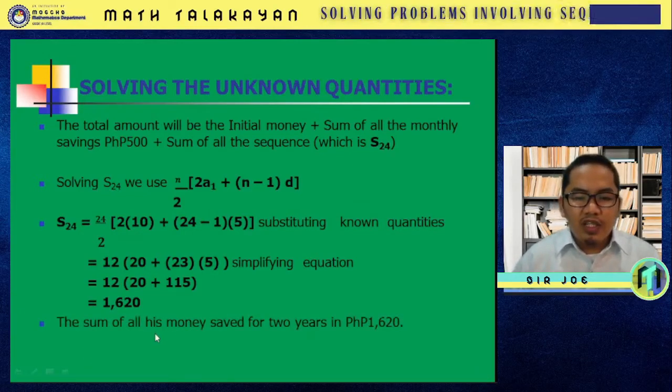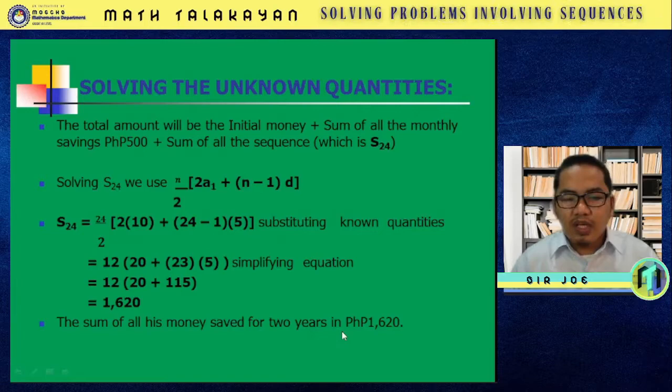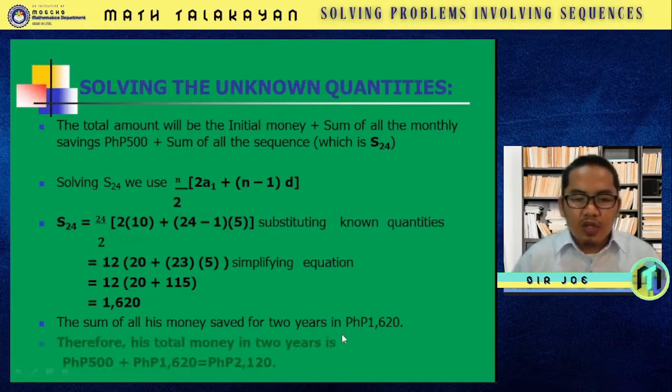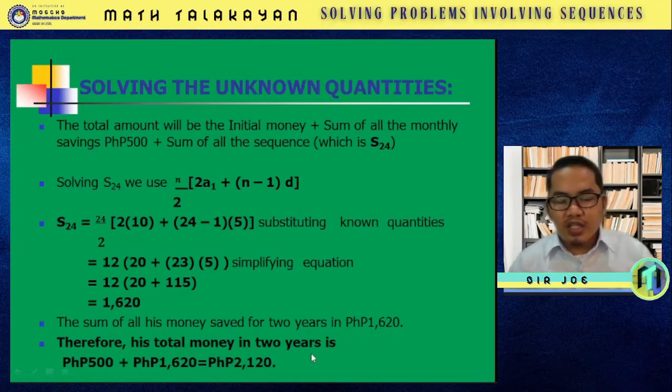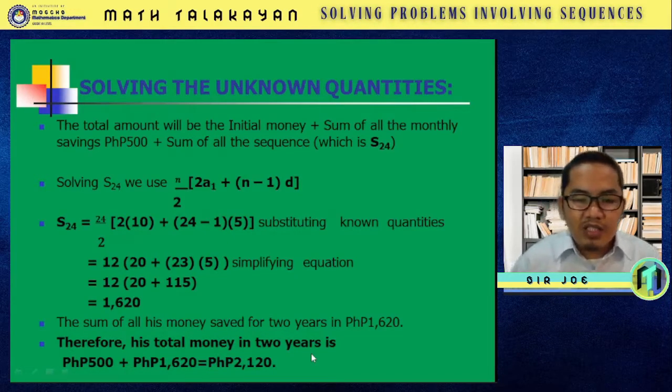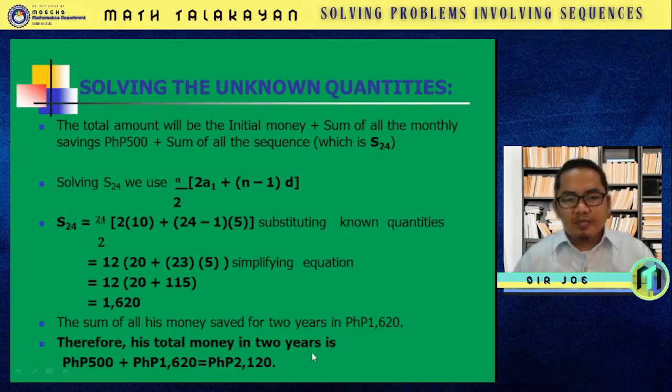The sum of all his money saved for 2 years is 1,620. Therefore, his total money in 2 years is 500 plus 1,620, which is 2,120.